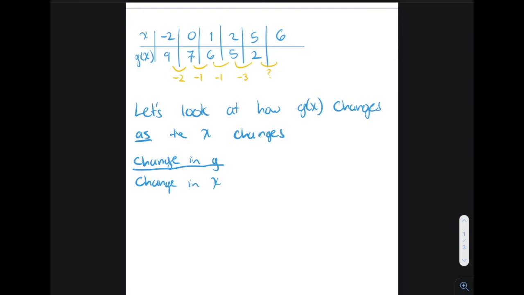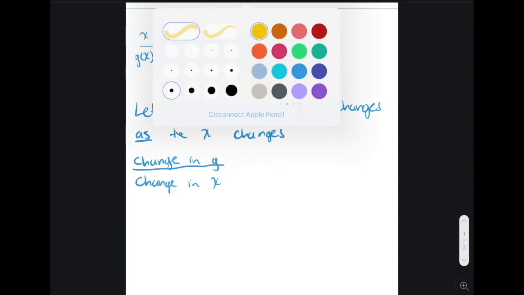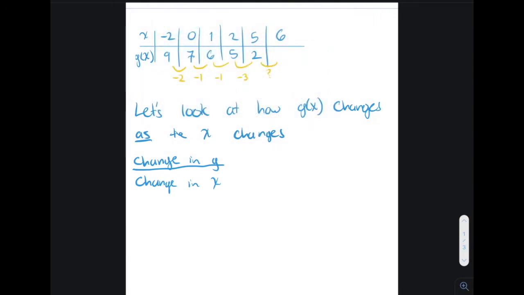So let's look at our first two pairs in our first two columns, rather. We have negative 2, 9, and 0, 7. The change in g for those first two pairs can be seen as 7 minus 9. And as our denominator, it would be 0 minus negative 2.